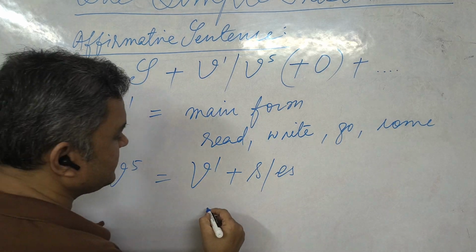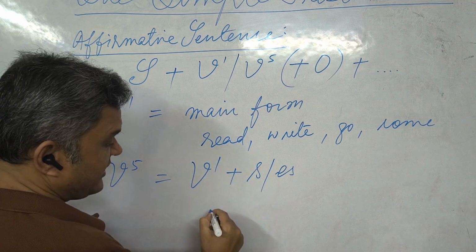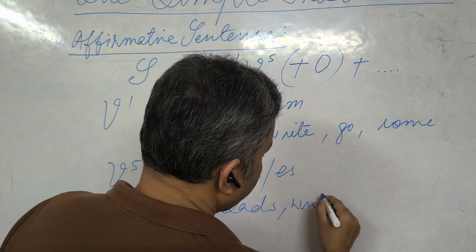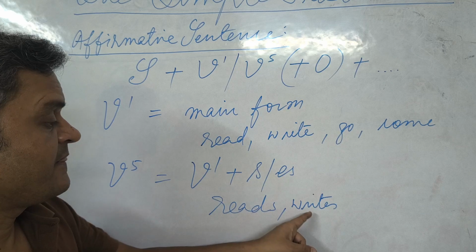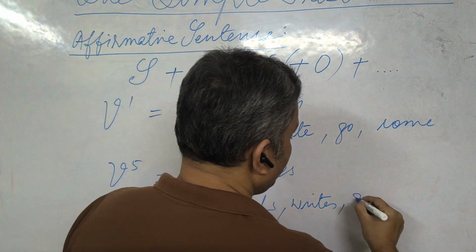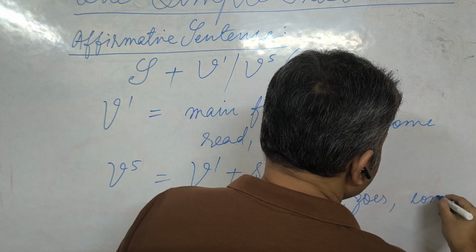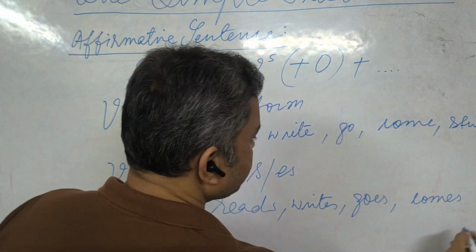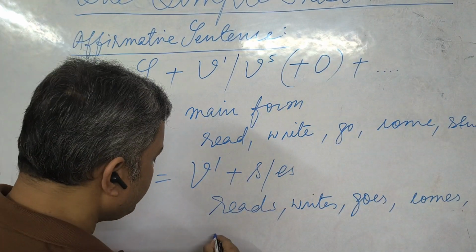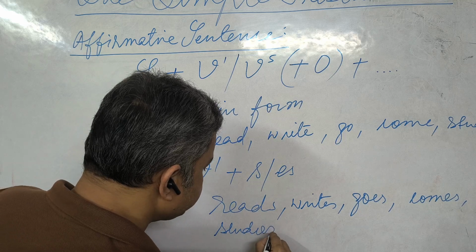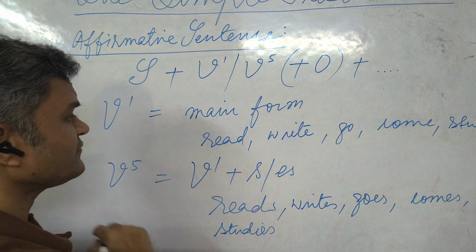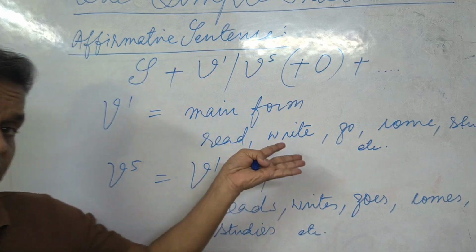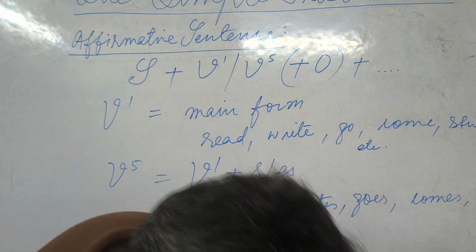For example, when the V1 is read, we will have reads as the V5, writes as the V5, goes, comes, and sometimes study, the V1 form, then we have studies, etc.